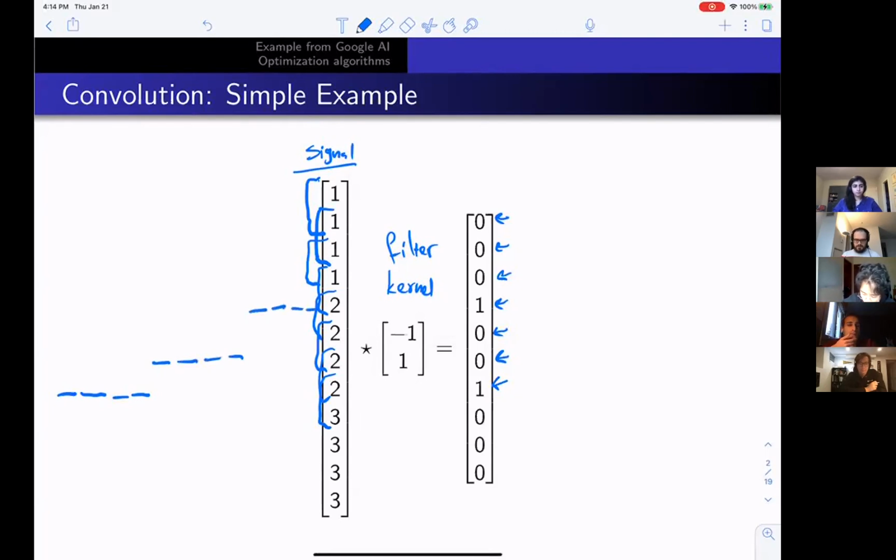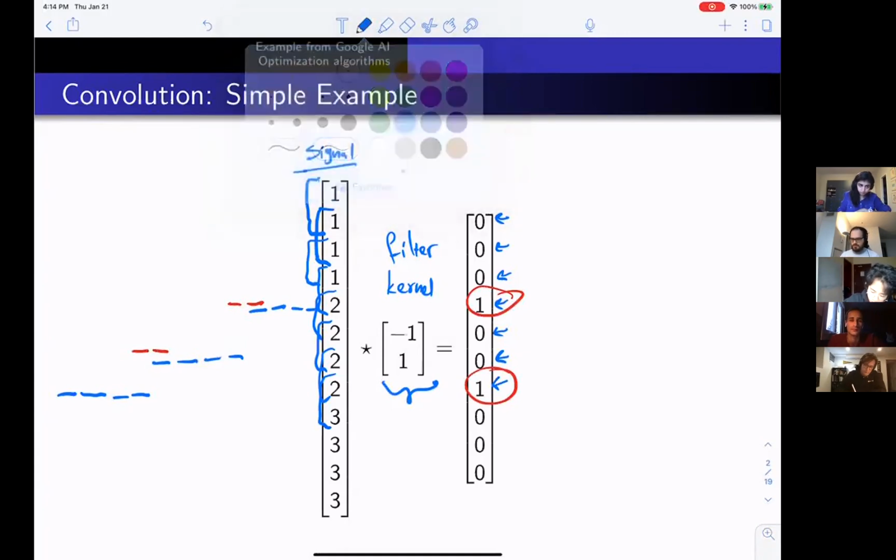If you convolve with this signal, every time the kernel is at a jump, it is going to create this 1. Does this make sense? Hopefully this explains what a convolution is doing, and hopefully my sister will be satisfied with this explanation.